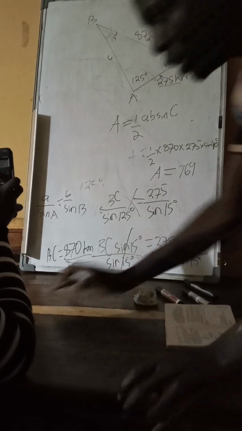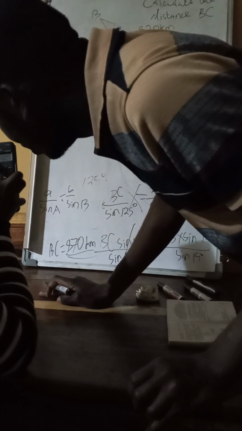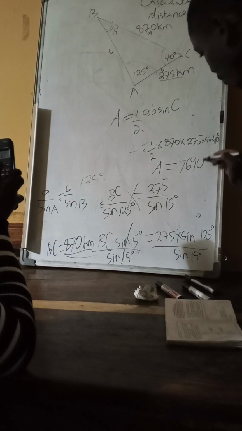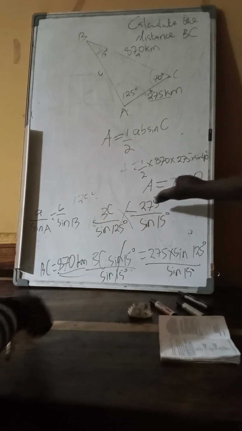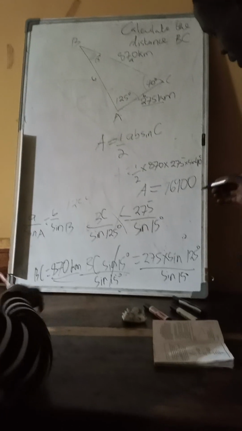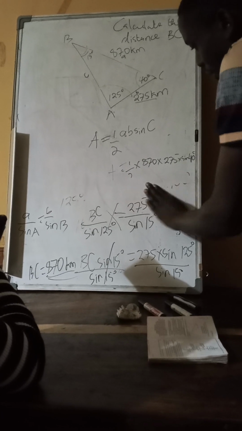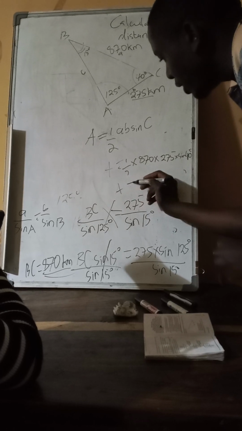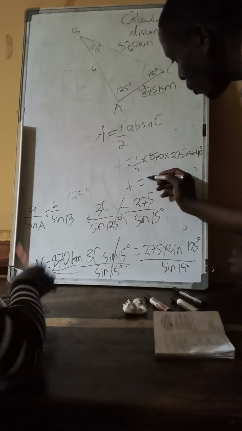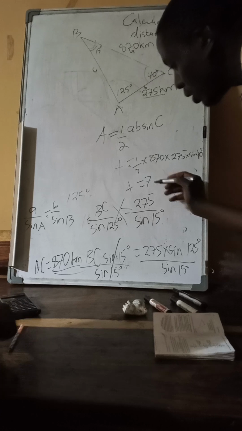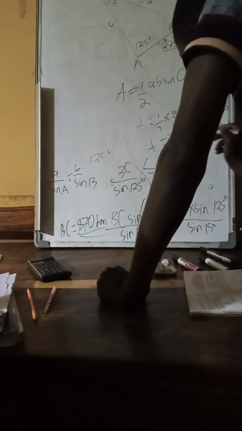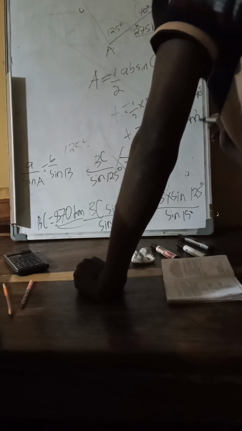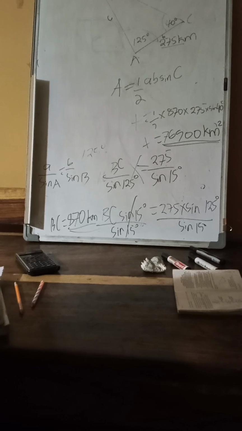After 9 there are 2 numbers, so you need to put 0, 0. Numbers are given correct to 3 significant figures, so you round it off like that. So area is equal to 76,900 square kilometers. Area is measured in square units. So that's our area.